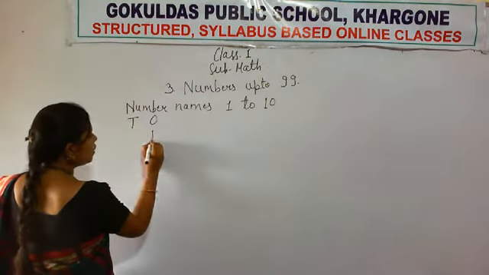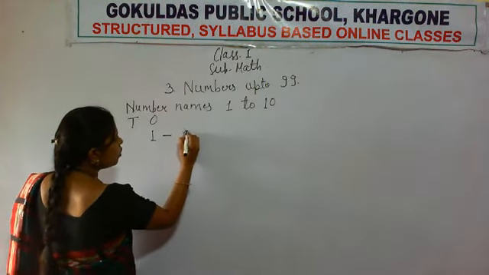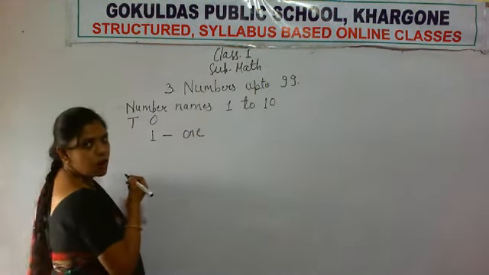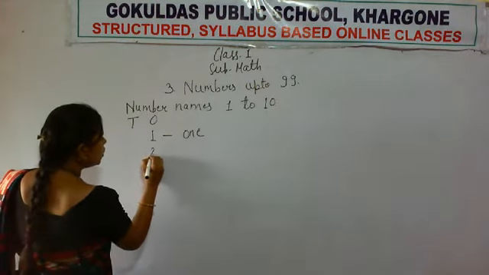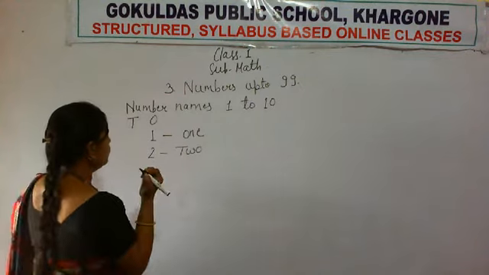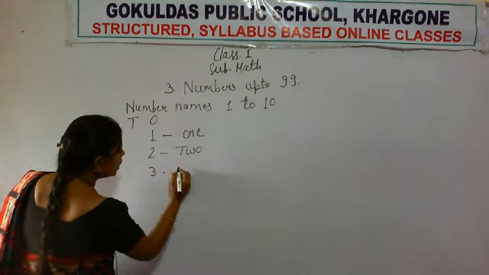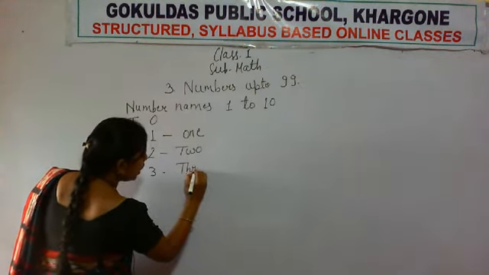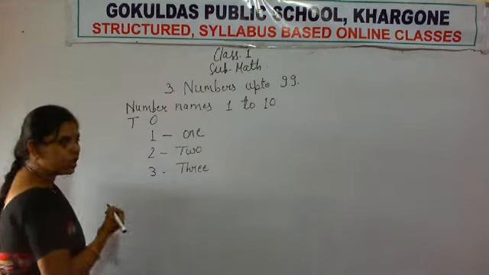So first we will write 1. How do we write? O-N-E, 1. Okay. 2, T-W-O, 2. Next, 3, T-H-R-E-E, 3.